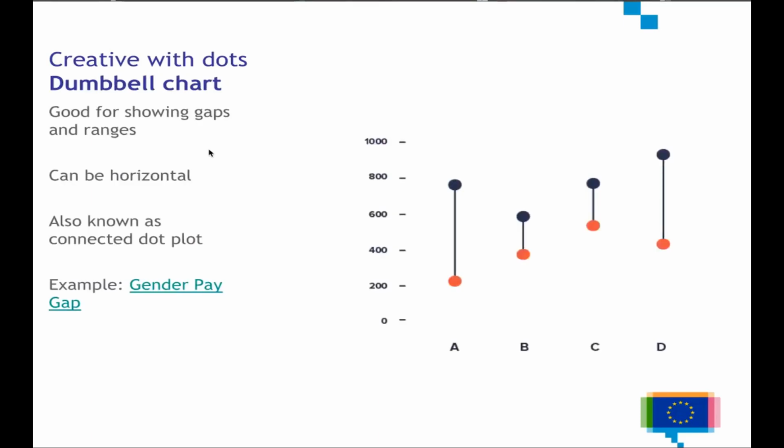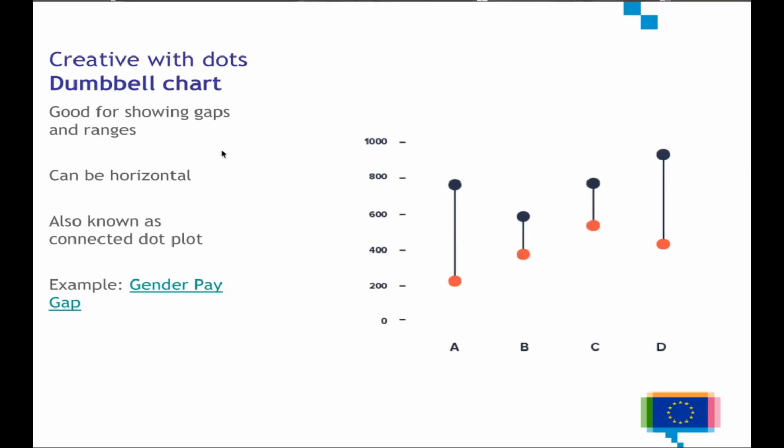When you use dots, you can also connect the dots. What you see here is called a dumbbell chart, and it's a very good visualization if you want to show the gaps between two different categories. We will see an example soon.